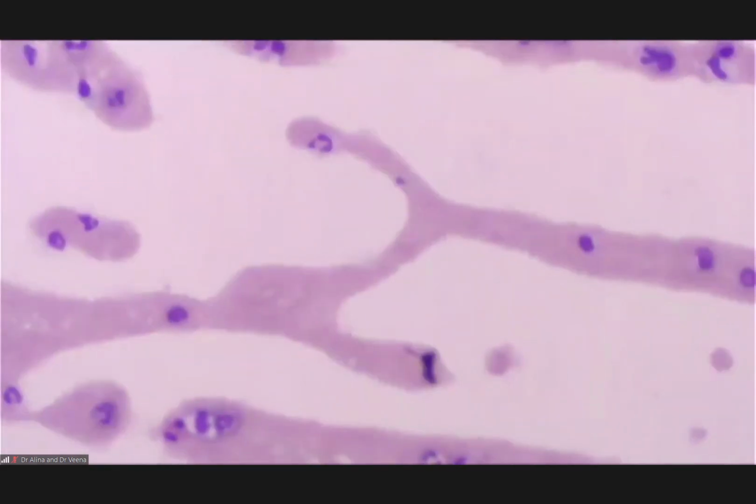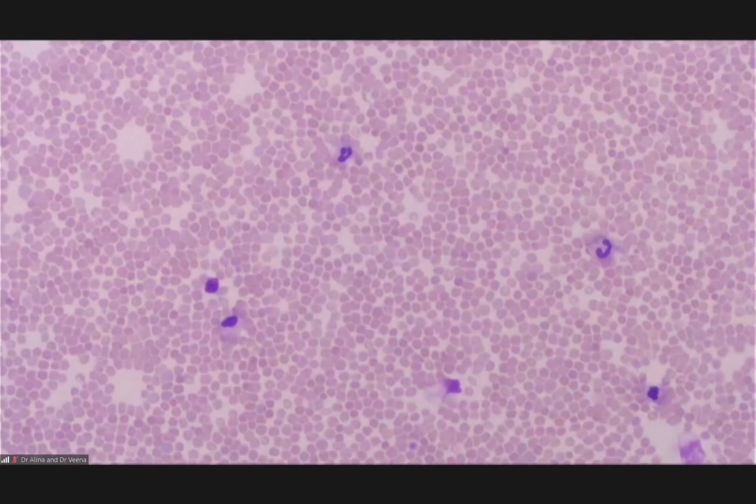Okay. So this first case is a case of a 66-year-old man who complained of blurring of vision. As you can see, we're already at the tail end, and the film is still quite packed.